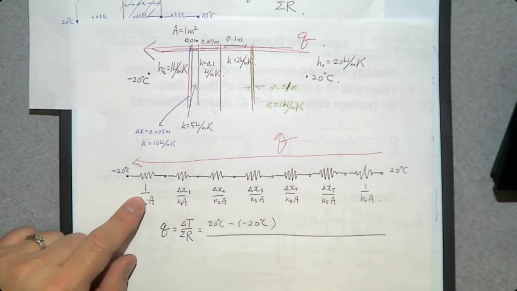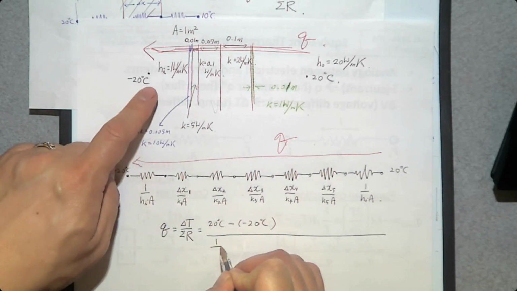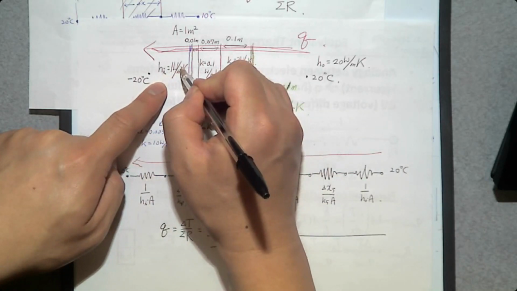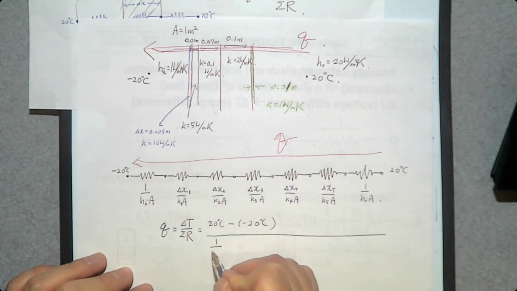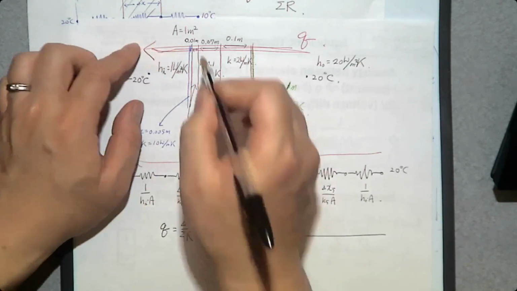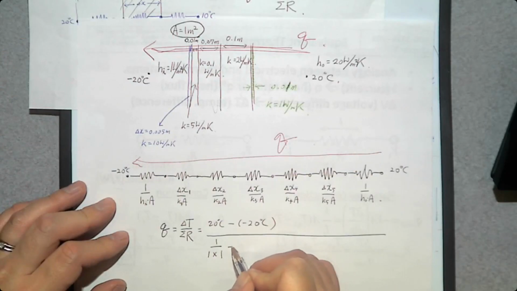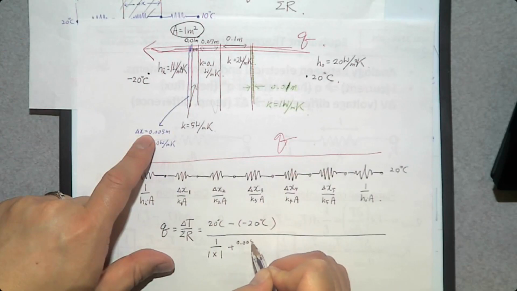First is this one. 1 over, what is H? 1 watt per meter squared Kelvin. So 1 over 1 watt per meter squared Kelvin. What about area? I'm going to say the unit area. Plus the thickness of the paint, 0.005.